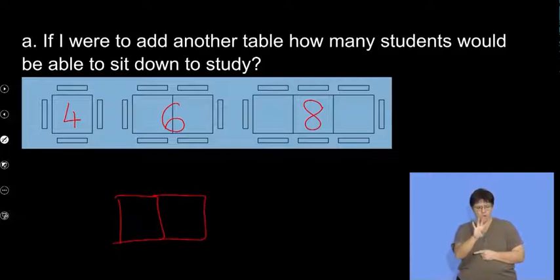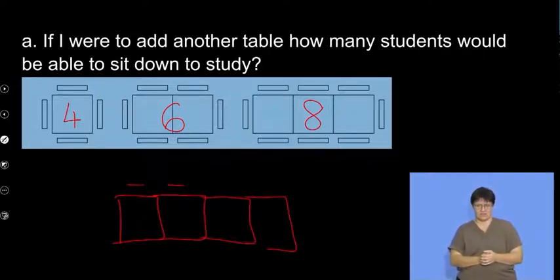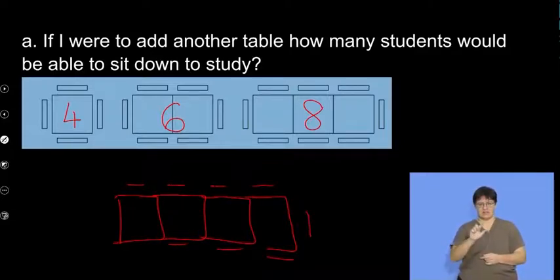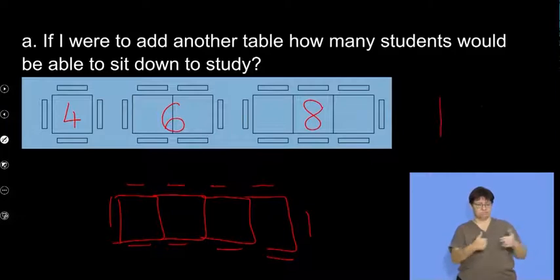So let's draw our 4 tables. We would then have 1, 2, 3, 4, 5, 6, 7, 8, 9, 10 people seated. So I'm just going to draw a big 10 over here to illustrate that we would have 10 students seated for the study group.